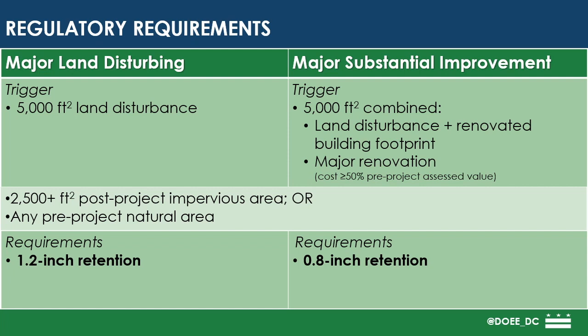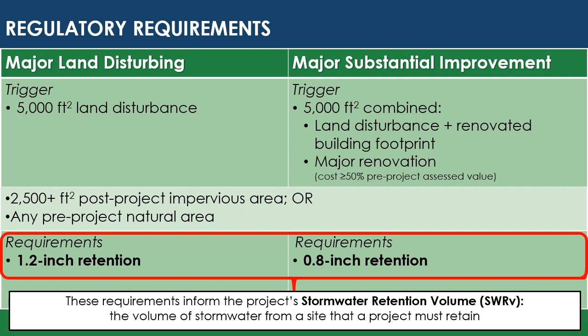And these projects are required to retain at least the 0.8-inch storm. In both cases, a project generates a stormwater retention volume, or SWRV, which is the volume of stormwater from a site for which the site is required to achieve retention.